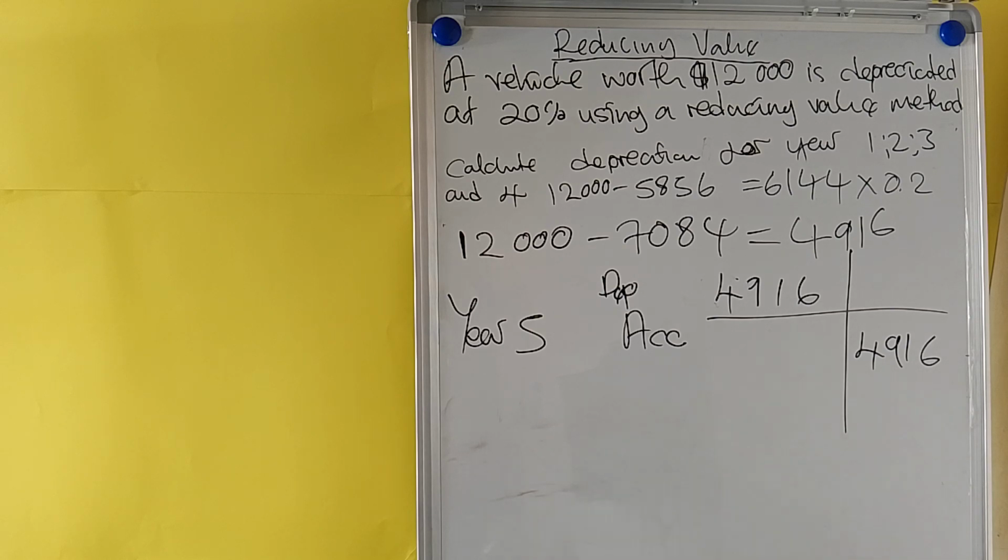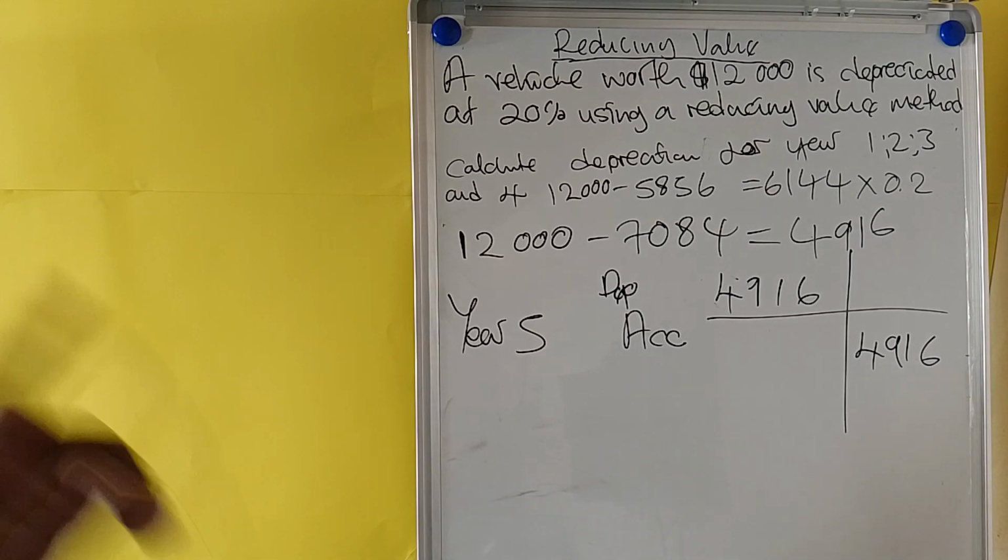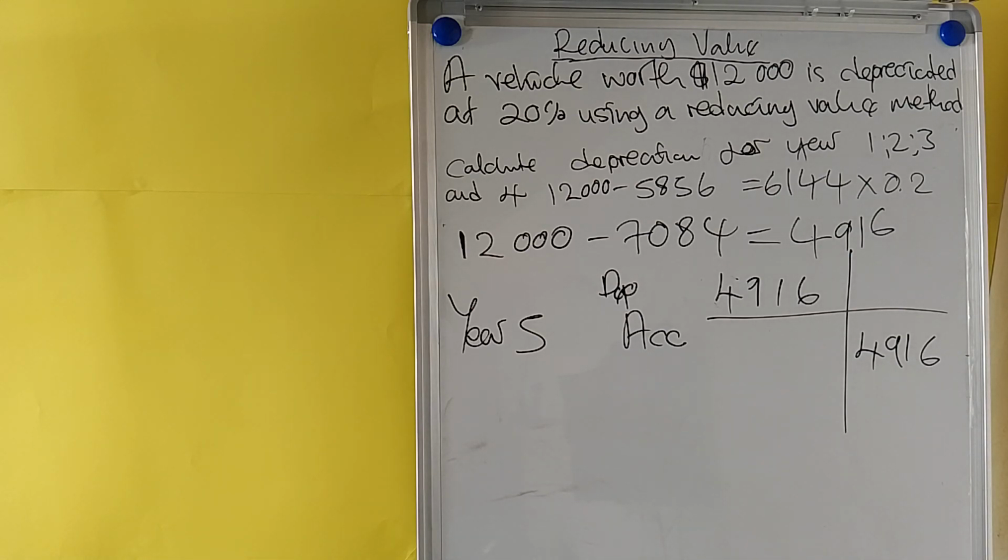From the second year and third year, the depreciation reduces as the vehicle ages. But in the final year, the whole remaining depreciation is taken out, because you are assuming the vehicle has a lifespan of 5 years. So that's the reducing value method for you.